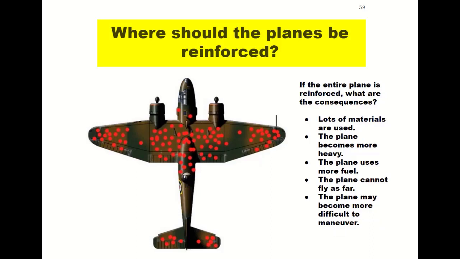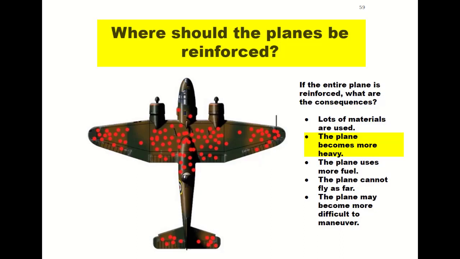They knew that if you tried to reinforce the entire plane, there would be consequences, right? They could just make the whole plane heavier, put more iron or steel or whatever it is that's going to protect the plane from crashing, but there are consequences to keep in mind. First of all, it requires a lot of materials, and during wartime, materials are scarce. If too much steel or any other type of heavy reinforcement is used, then the plane becomes more heavy.